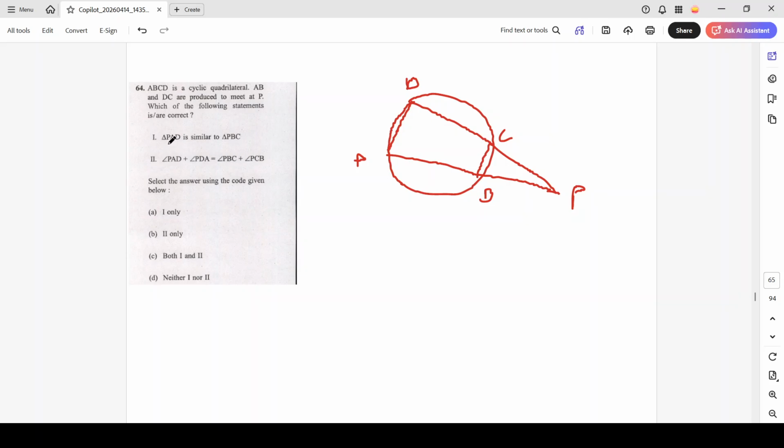So this statement says triangle PAD is similar to PBC.